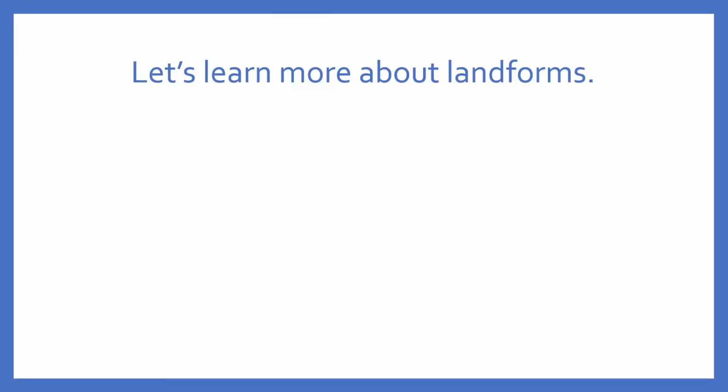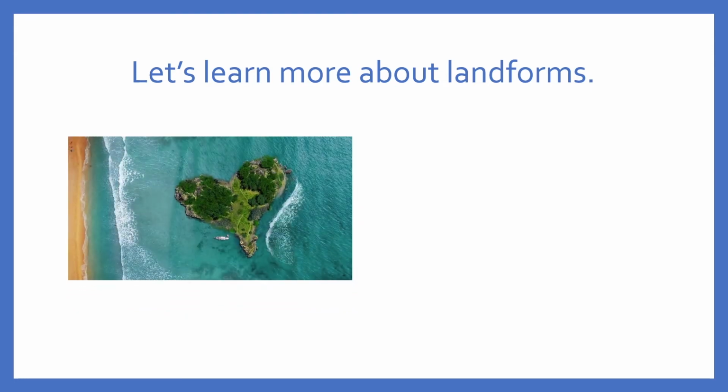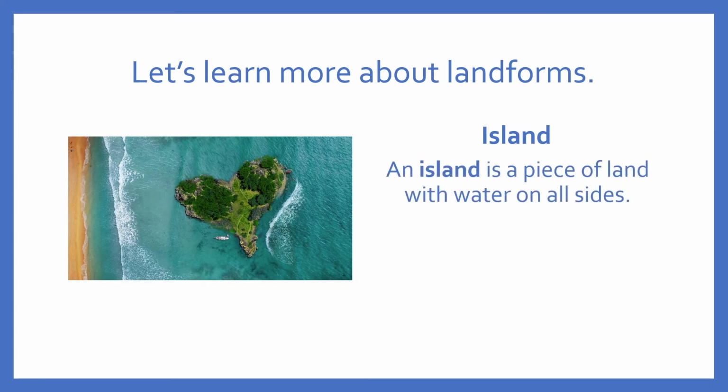So let's learn a little bit more about landforms. Take a look at this one. Do you remember what the name of this one was? Tell somebody in your house what the name of this one was. Did you guess island? Great job. Let's learn about what an island is.